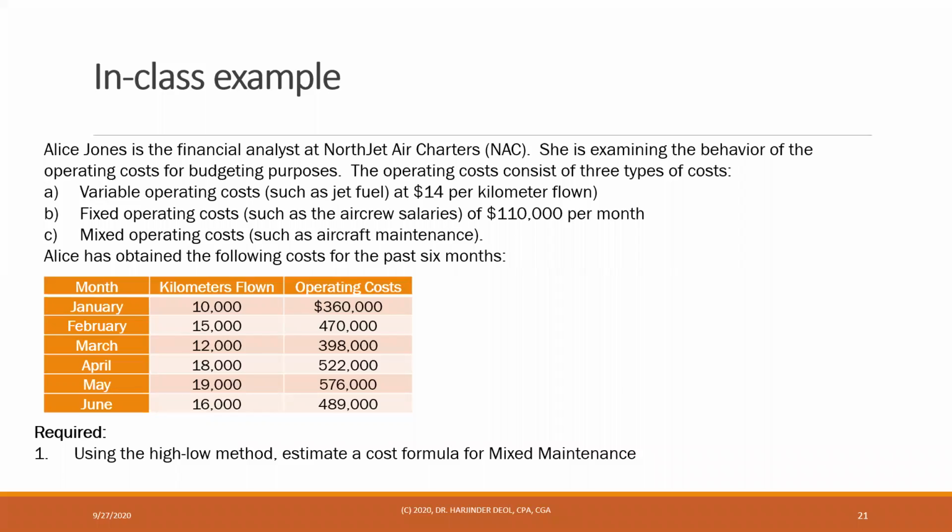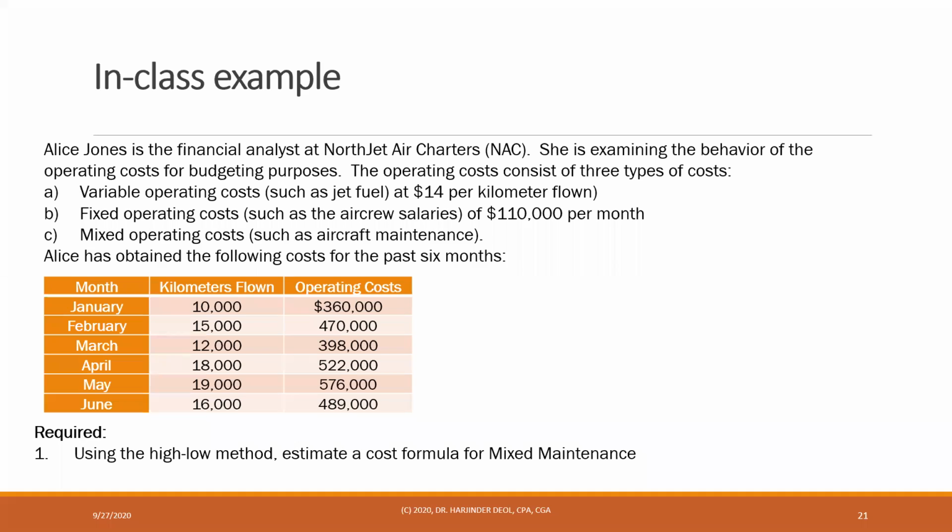B, fixed operating costs such as air crew salaries of $110,000 per month. And C is our mixed operating costs such as aircraft maintenance. Alice has obtained the following cost for the past 6 months. So we have the kilometers flown and the total operating cost from January to June. Now that total operating cost, guys, keep in mind is made up of A, B, and C that's stated.